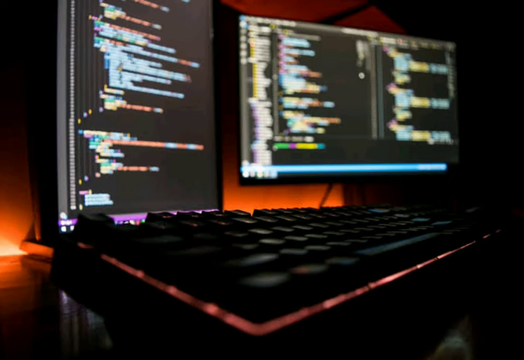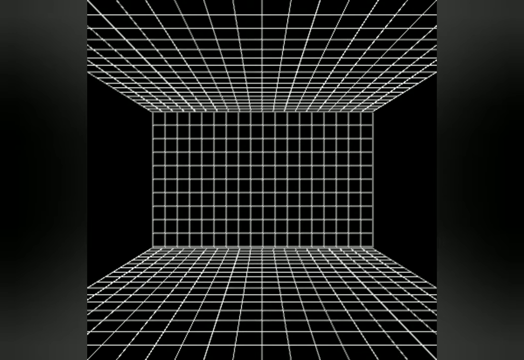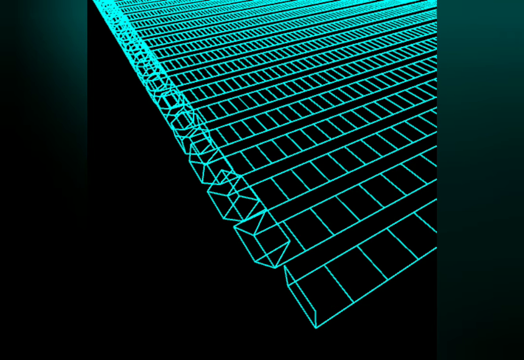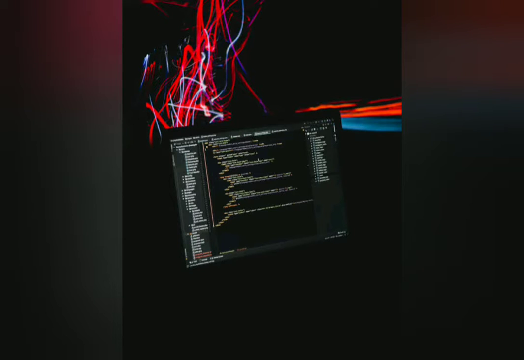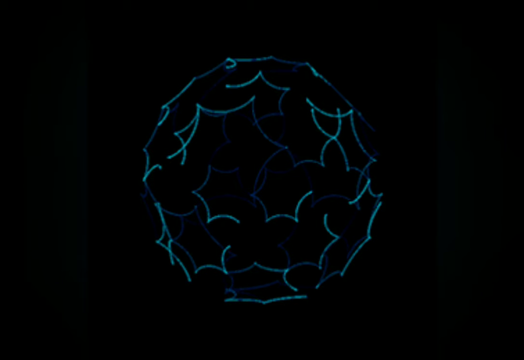What is coding? Coding or programming is the process of creating instructions for computers using programming languages. Coding is used to program the websites, apps and other technologies we interact with every day.